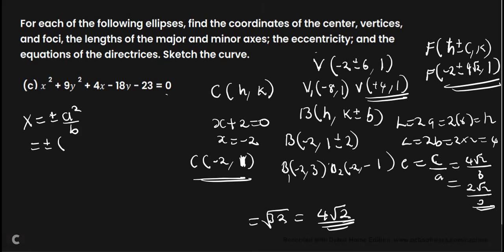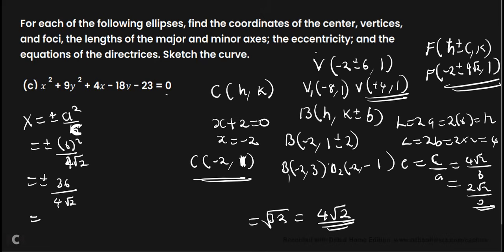What is your a? Your a was 6. Oh, sorry, this is the directrix, so it's supposed to be c here. Your c was 4 root of 2, plus or minus 36 over 4 root of 2.